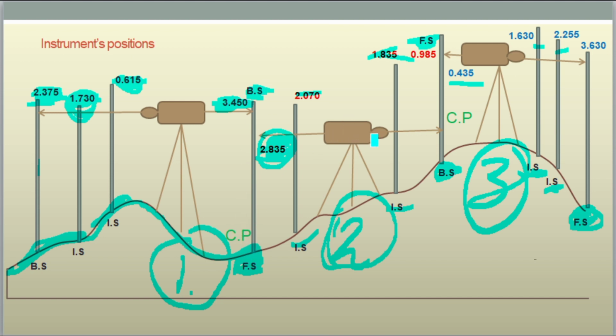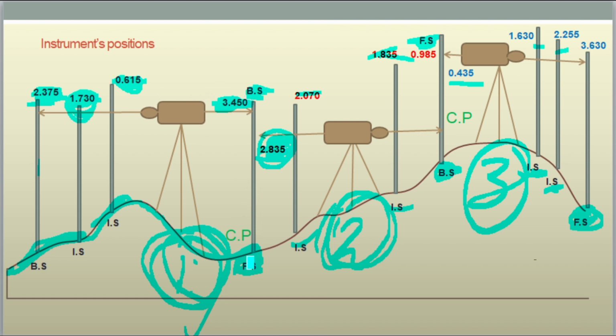There again, it's where the position of the height of the instrument will determine the reading of the next staff. And again, remember, at the change point, while changing, we maintain the staff on the same position for the last reading of the instrument at position 1, and for the second instrument position.